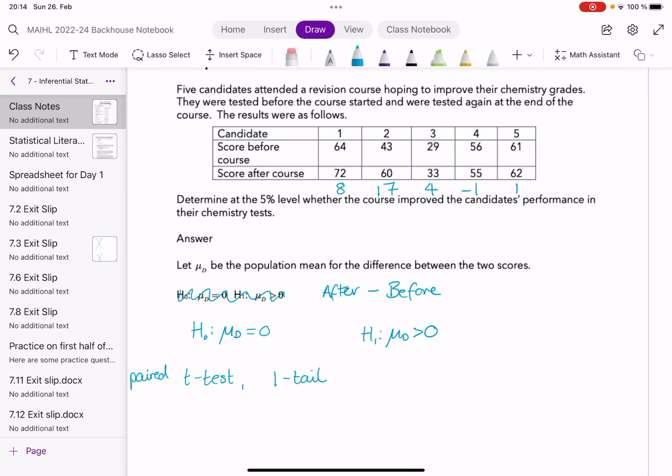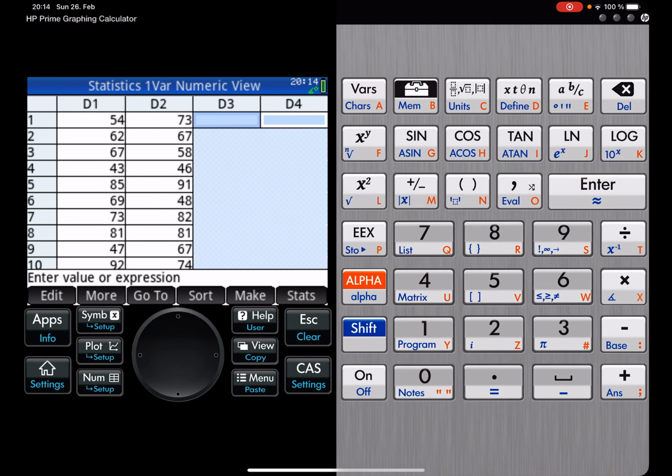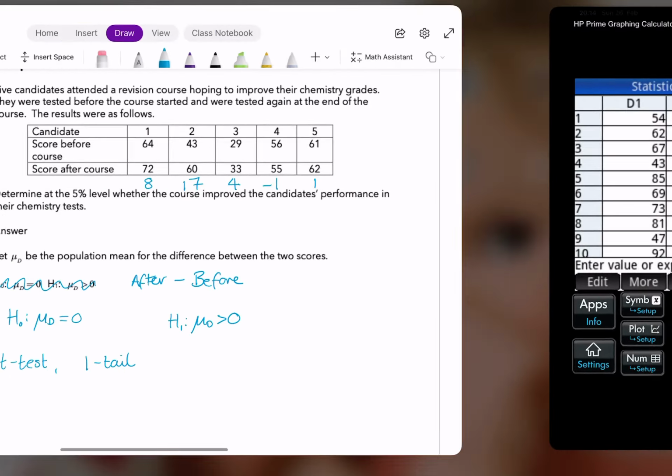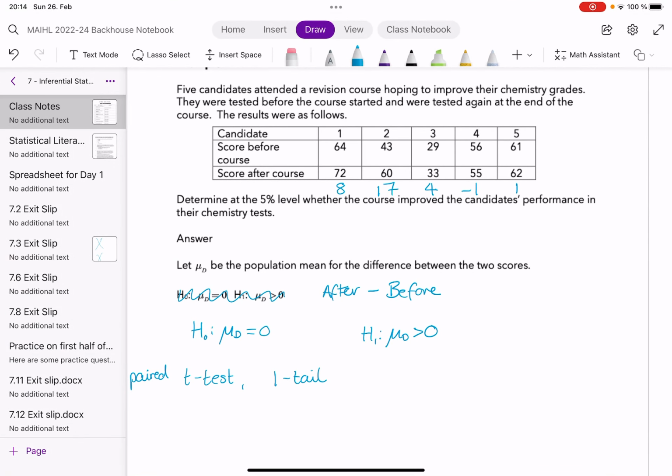All right, I have got all the raw data, so I can enter that into one variable statistics. Let's go back here. I think it was 817 for -1 and +1. Okay, 817 for -1, +1. As long as my initial calculations were correct, my subtractions, that should all be in there correctly.